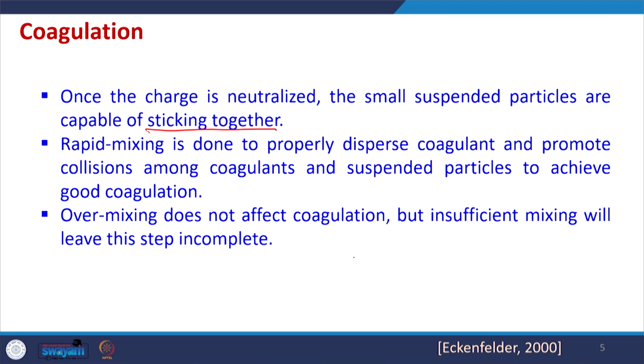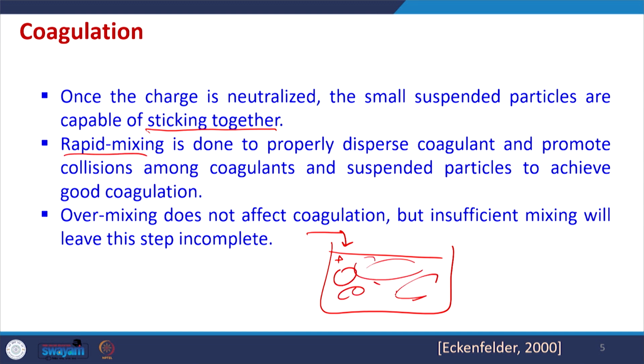Now, rapid mixing is done to properly disperse coagulant. Suppose this is a water tank, and as soon as the coagulants are added, they will break into respective positive and negative sides. So, we do rapid mixing so that the coagulant disperses all throughout the solution. Also, through rapid mixing we try to force the coagulant to reach the negatively charged particles so that they may be neutralized.